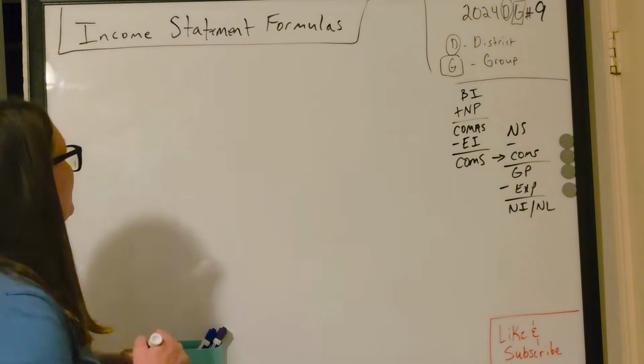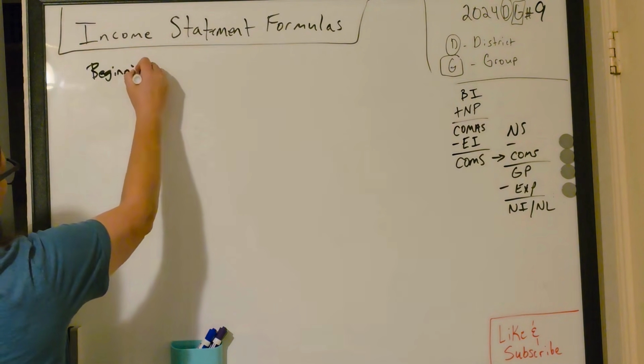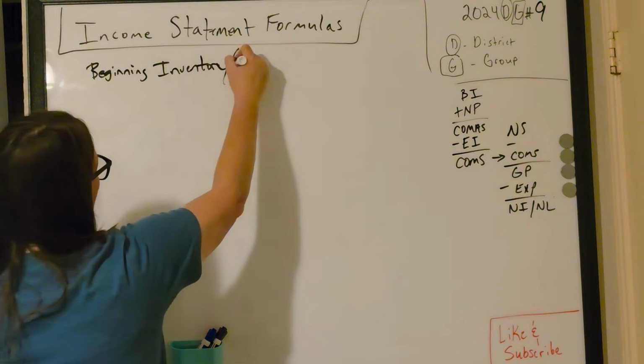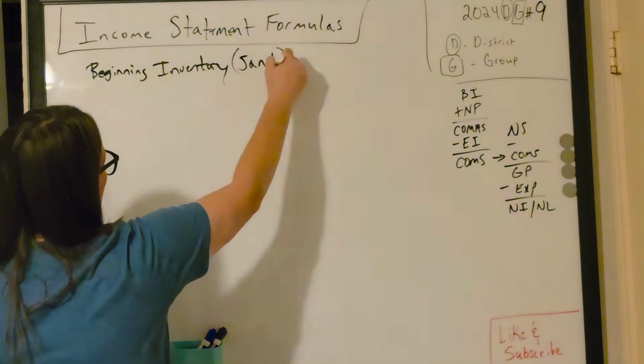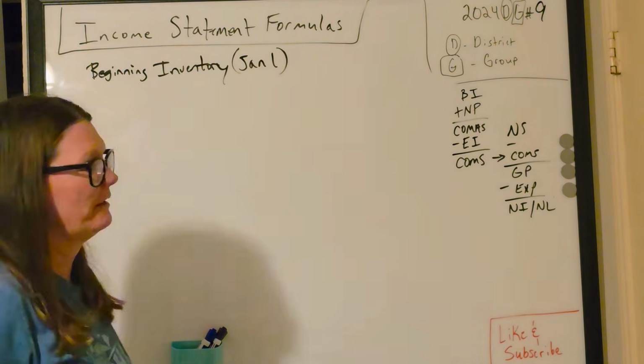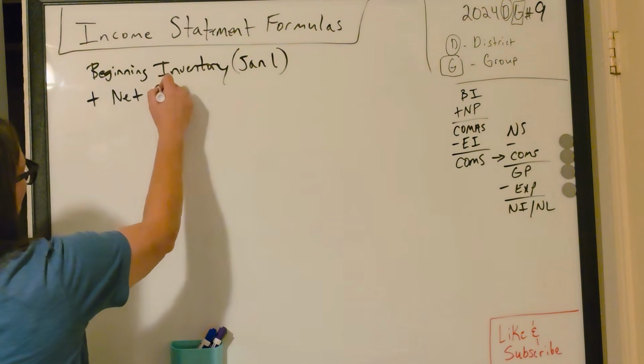So the first thing we're going to do is beginning inventory. And I'm going to put January 1st because it's the inventory that's at the beginning of the year, what we start the year off with, plus net purchases.